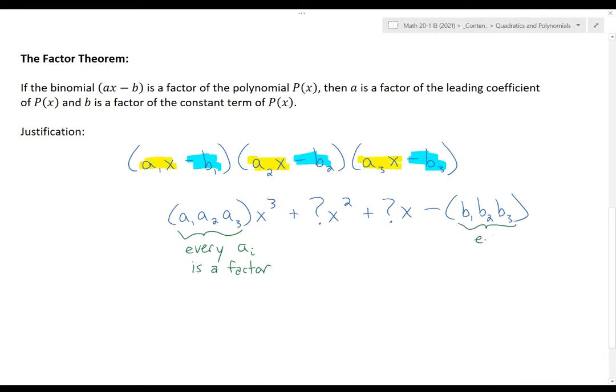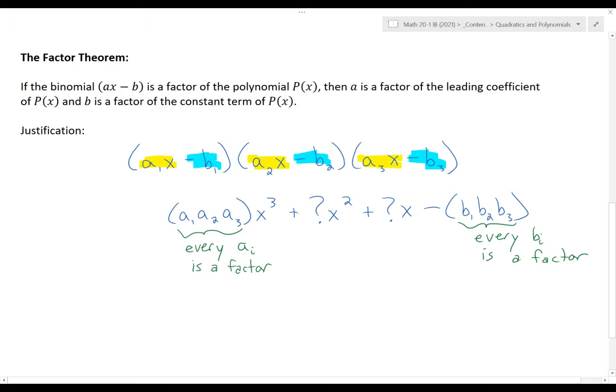And for the constant term, every b value is a factor. And that would be true no matter the degree of the polynomial. When you distribute it all out, the leading coefficient has to be the product of all the leading coefficients, and the constant term has to be the product of all the constant terms. So that's what the factor theorem says.